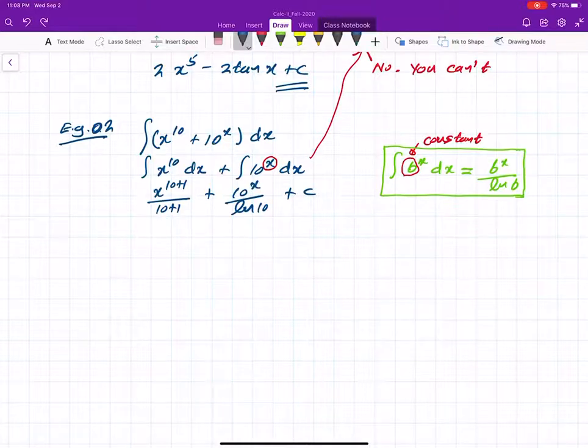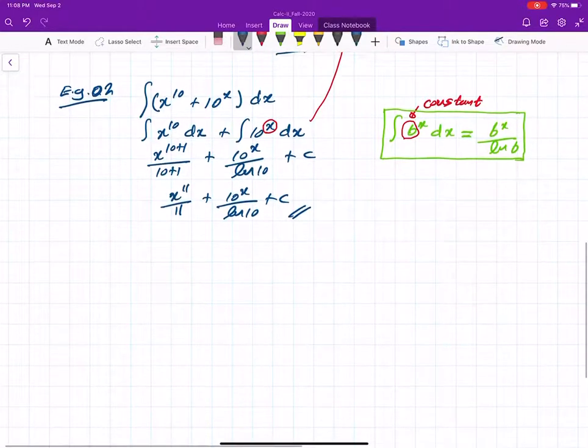The simplification of that one is x to the power 11 over 11 plus 10 to the power x over ln 10 plus c. So that's the second example.